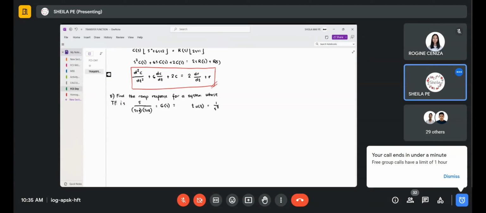So we can make this C(s) over R(s). Now cross multiplying these two, we have C(s) times s plus 4 times s plus 8 equal to R(s) times s.